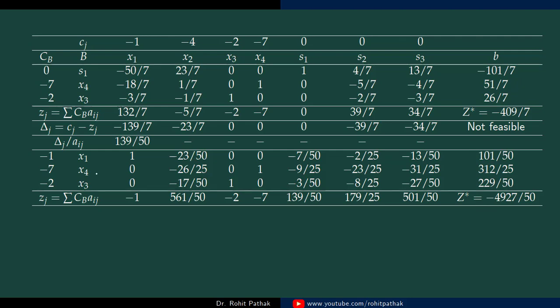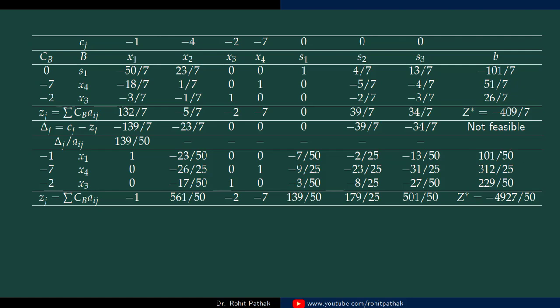So how to find this Z star? Minus 1 into 101 by 50, minus 7 into 312 by 25, and minus 2 into 229 by 50. Total sum is this. Because x1 equal to 101 by 50, x4 equal to 312 by 25, x3 equal to 229 by 50.